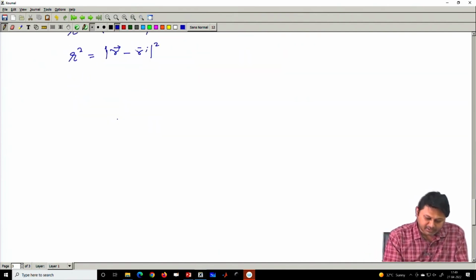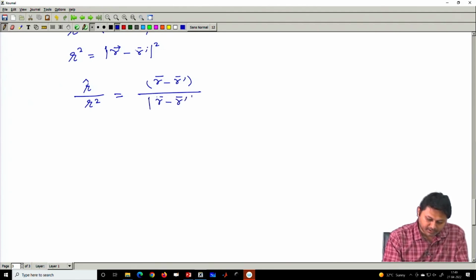So, the term r unit vector divided by r square inside the integral, I can write as r minus r prime divided by the cube of mod r minus r prime.